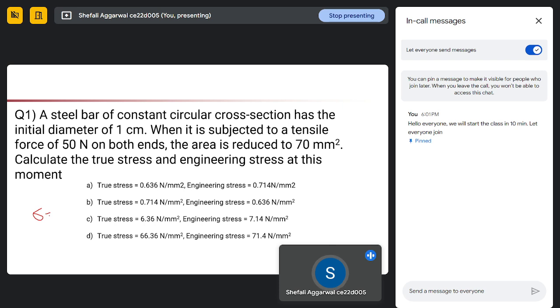Stress is equal to force or load upon area. So what is true stress and engineering stress? Just try to calculate it.